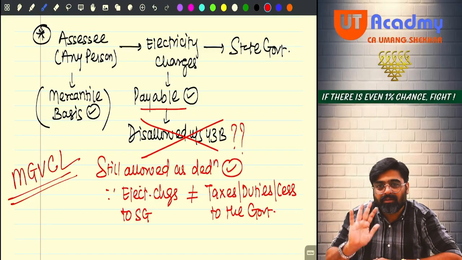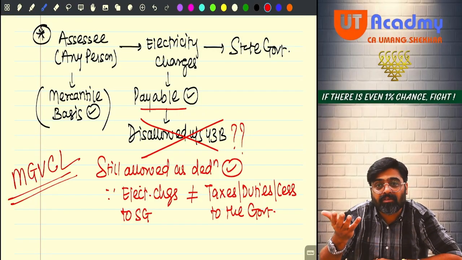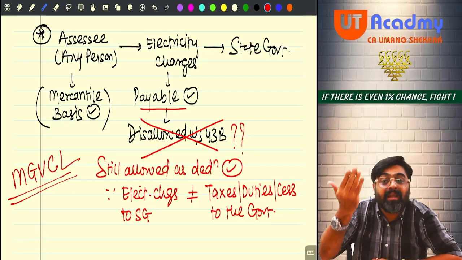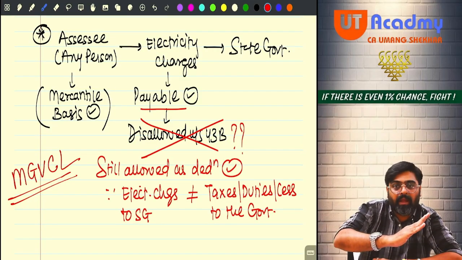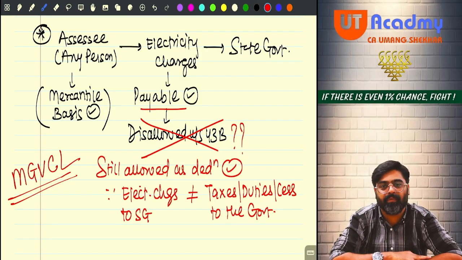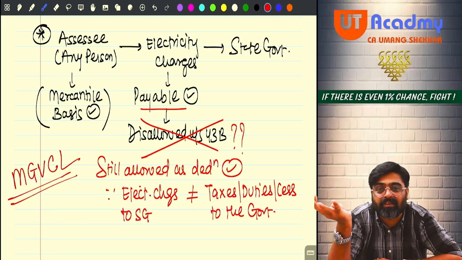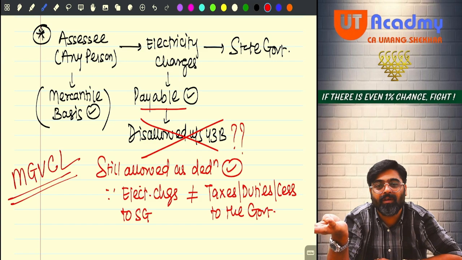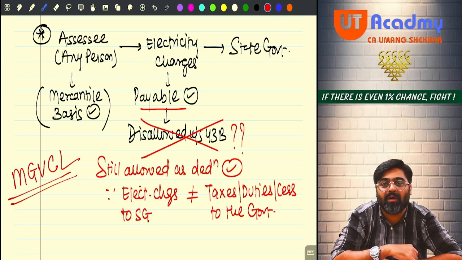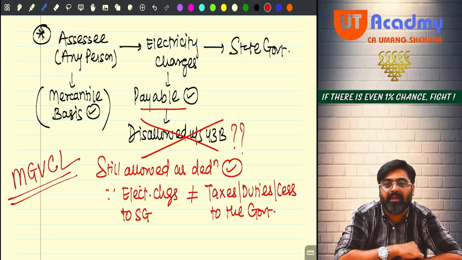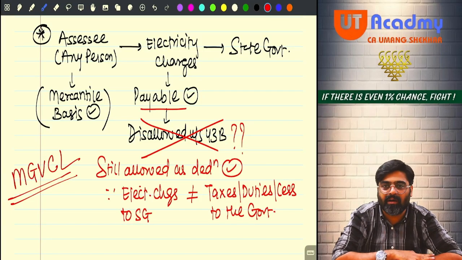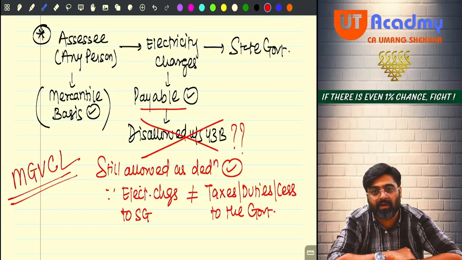This is not a tax. And if it were a tax, then the 43B application would be okay. But the expense is not in the nature of taxes, duties, cess, payable to the government under any law. This does not qualify as that. Just because it was payable to the state government, you cannot disallow a genuine business expense.